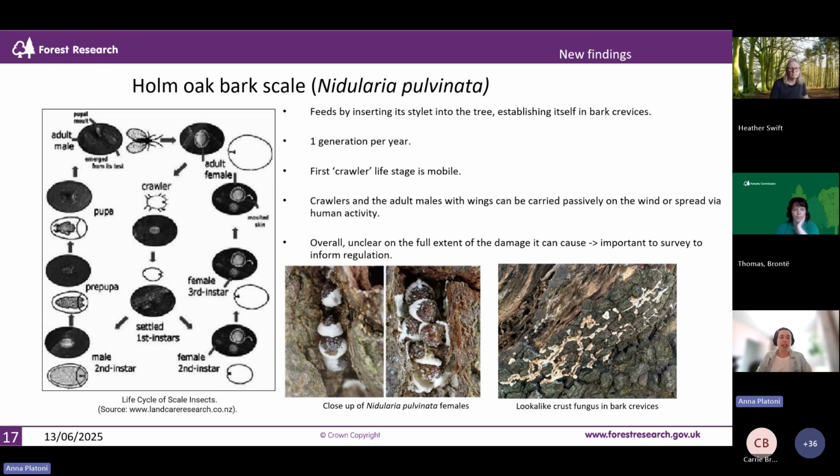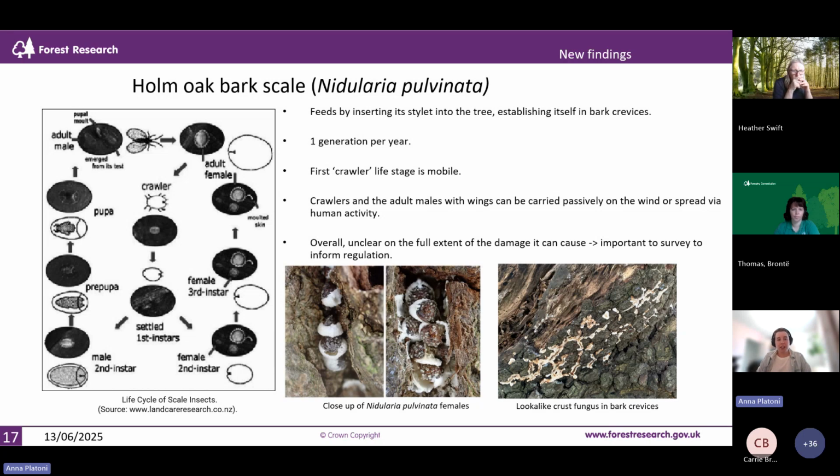We've got a generic schematic of a scale insect life cycle. Out of those tiny eggs that the females are sitting on, the first stage that comes out is called a crawler, and they're the ones that are mobile.